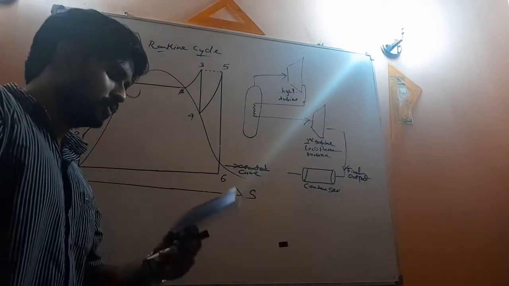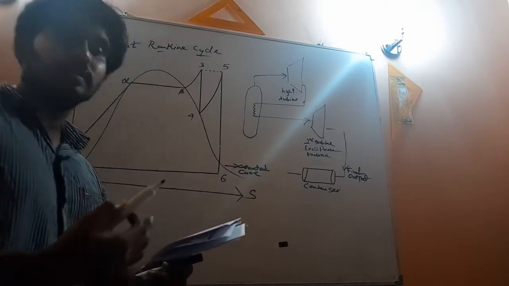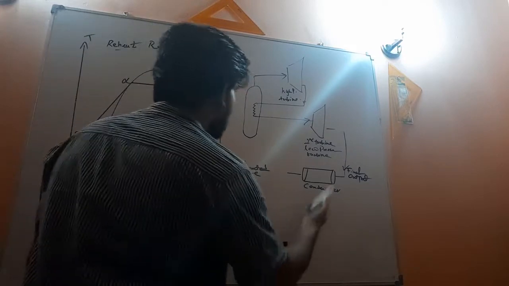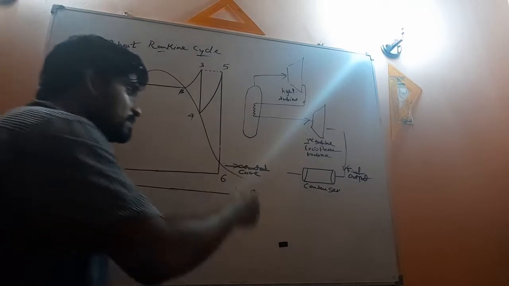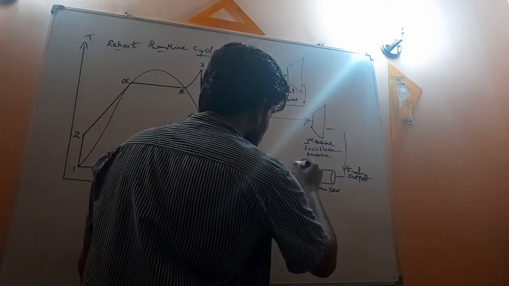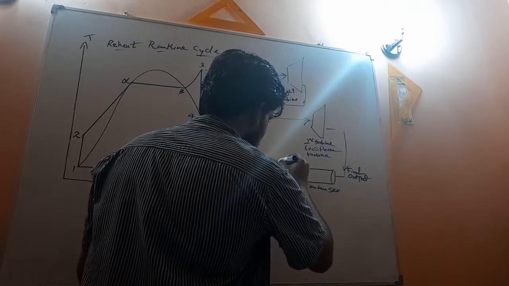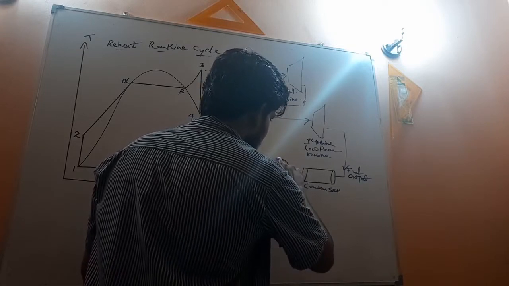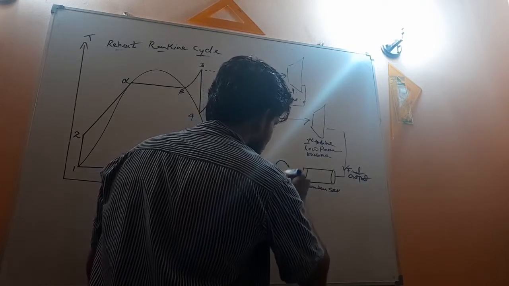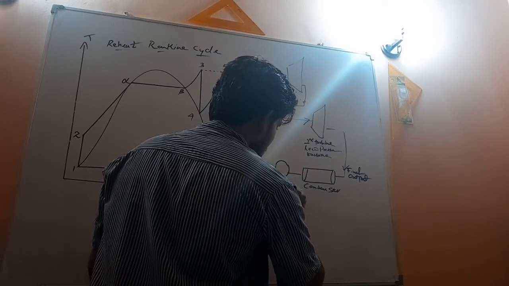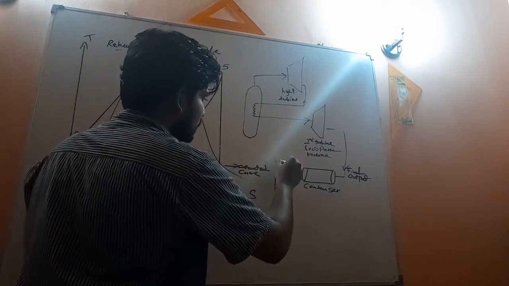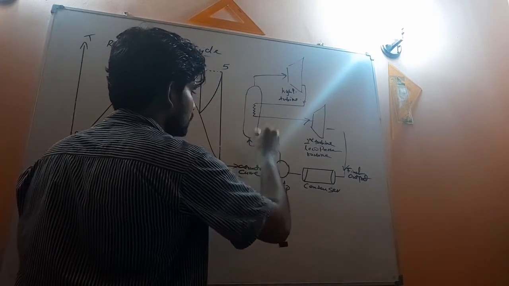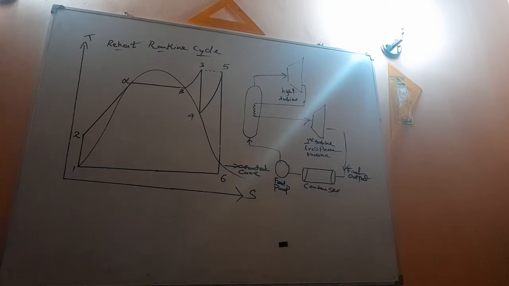That water we again have to send back to the boiler. For that we need to use a pump, which we call the feed pump. So we are going to feed it back to the boiler. I think now you got what I mean.